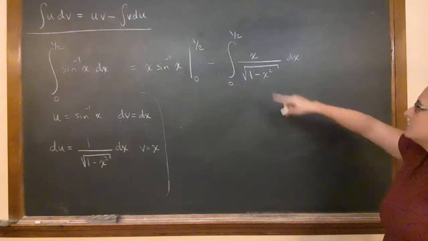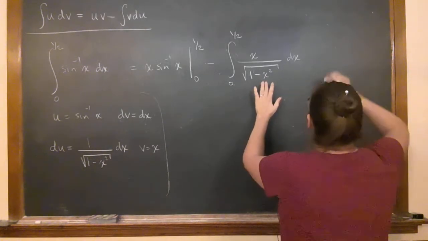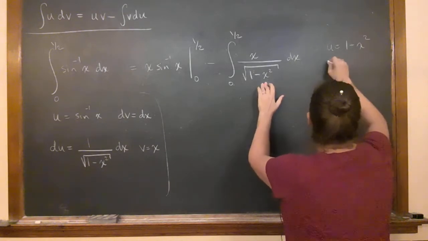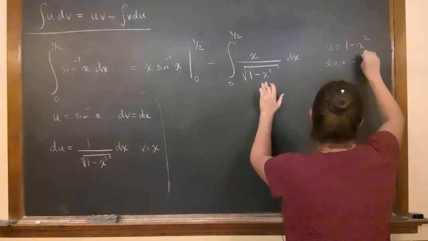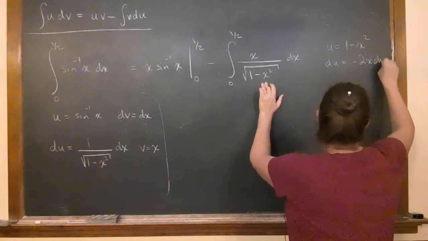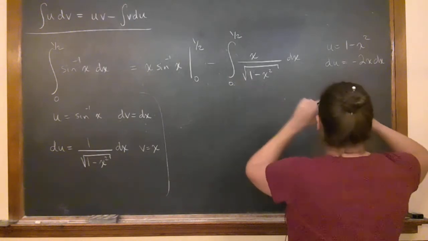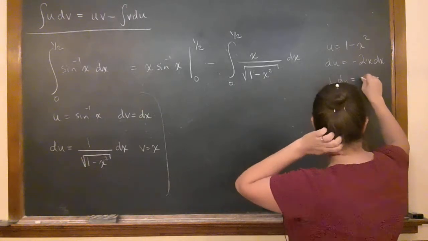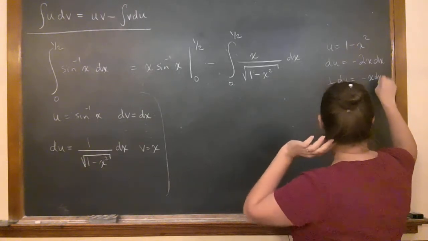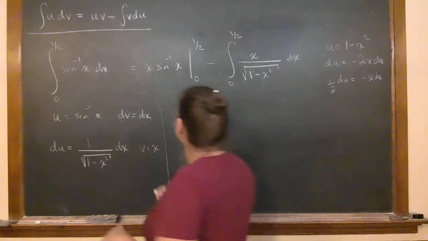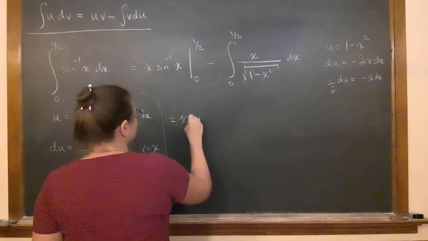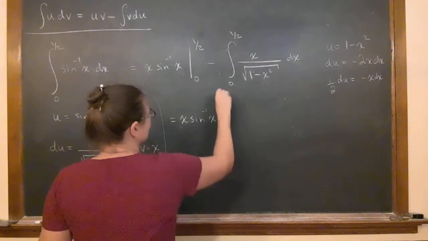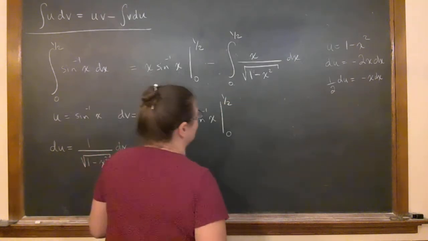This is a u substitution, right? Because if I do u being 1 minus x squared, then du is minus 2x dx. And I even have minus, right? So I've got 1/2 du is minus x dx. So I just decided not to change the limits and just leave them there and then evaluate everything at the end.